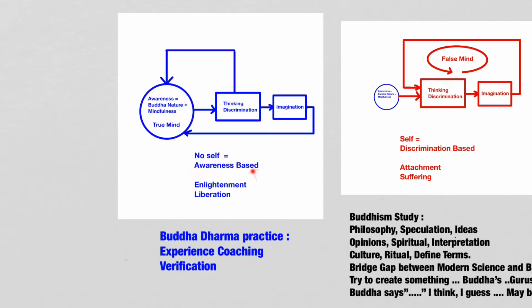This is the awareness base. It's based on this. And one can get rid of thinking and discriminations very quickly, and it will come back to the awareness. From the thinking and discrimination, one might go to imaginations, and it's very quick to come back here because this is the base of the entire thing.